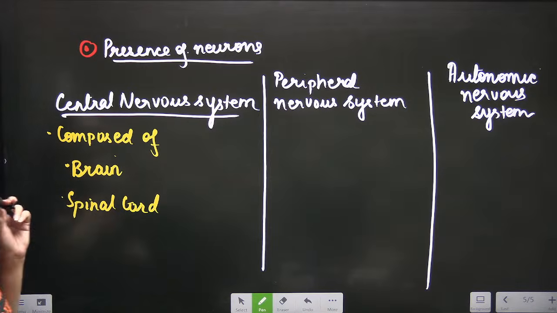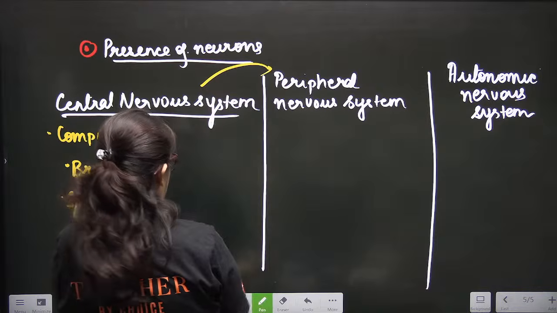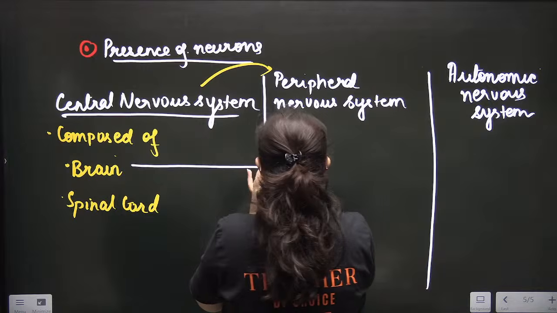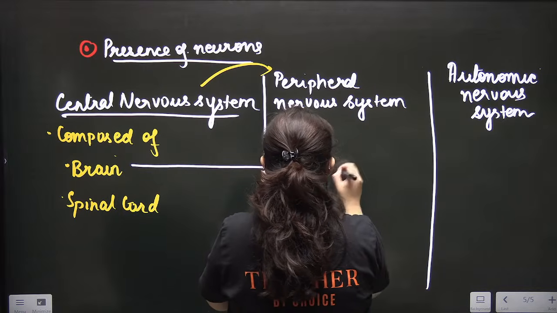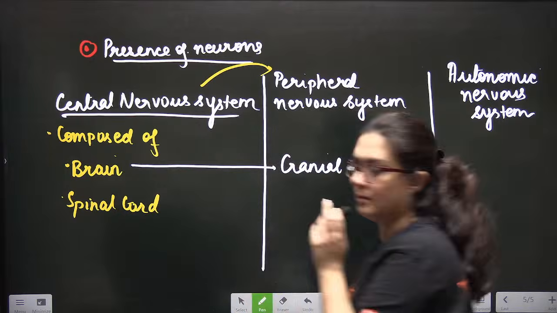Brain and spinal cord. This peripheral nervous system arises from the central nervous system. So, the nerves arising from the brain are cranial nerves, because the brain's protective covering is the cranium, the brain box.